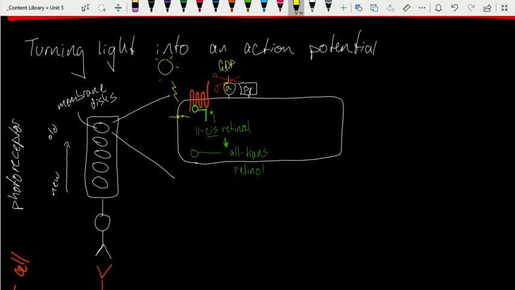That's going to liberate alpha. Now we have alpha bound specifically to a GTP. That's what the receptor did. And in this form, alpha can go to and bind, this time, an enzyme called cyclic GMP phosphodiesterase.